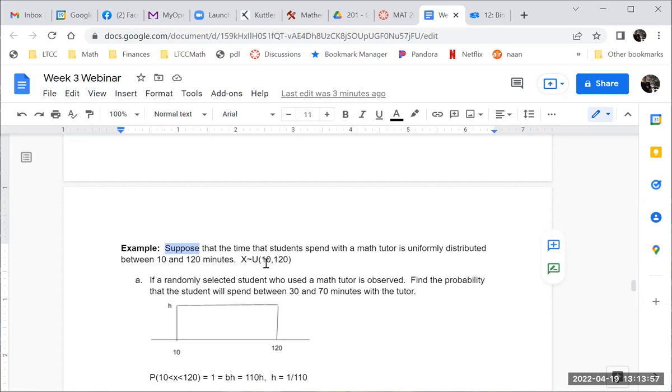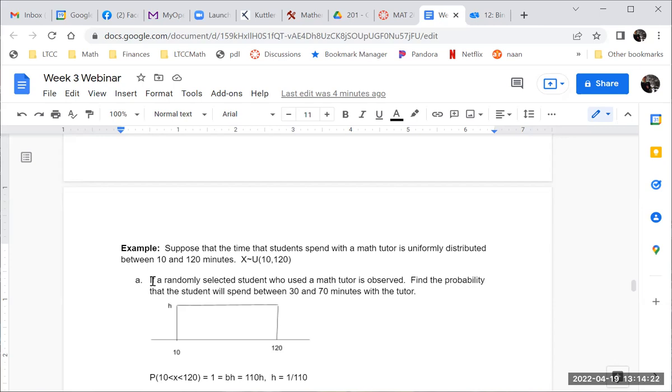Don't quote me on it. Don't cite it as any reference. I'm just making up numbers. And in fact, I know it's not uniformly distributed, but I need to do something. There's not a whole lot of things that are truly uniform, but they're the easiest ones to do in terms of math. So it's between 10 and 120, so we can write X tilde U(10, 120).